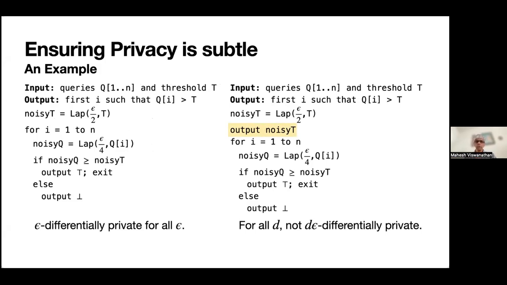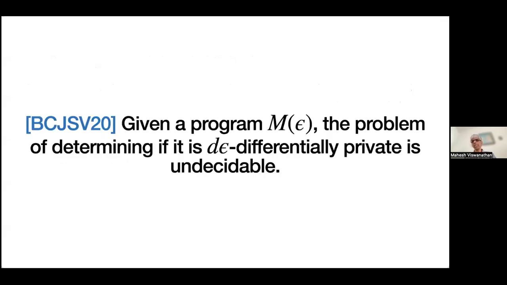Okay, so differential privacy is subtle, and there are examples of protocols that people thought were differentially private and are not, and so on. And computationally, unsurprisingly, it's a difficult problem as well. In general, the problem is undecidable, and it's also easy to show that even for very simple examples of programs you can consider, the problem becomes undecidable.